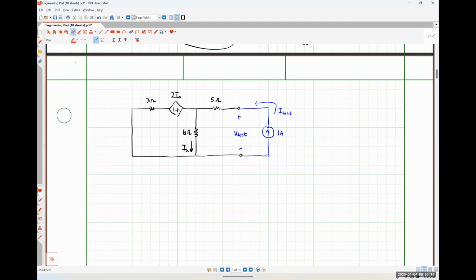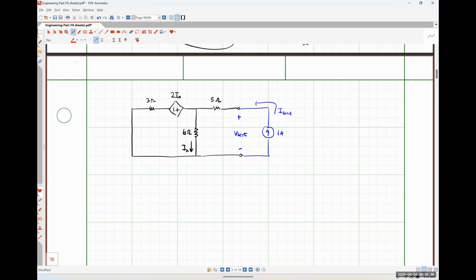Probably nodal analysis, just because I'm looking for a voltage. With nodal analysis, I have my whole bottom node. I've got the node between the 3 ohm resistor and the voltage source, so that's one. The node between the voltage source and the 5 and 6 ohm resistors, so that's 2.